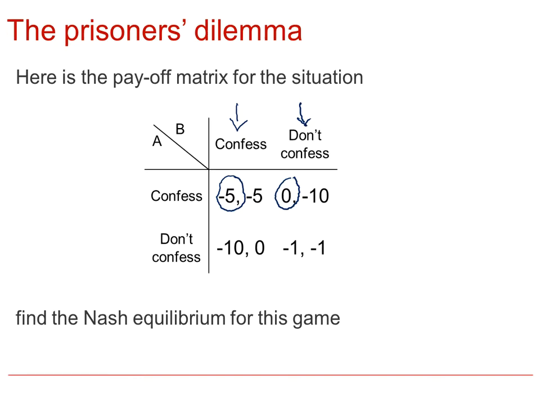Let's look at it from B's point of view. They would have the same decision. If they thought their partner was going to confess, they would also confess. And if they thought their partner was going to hold strong and deny everything, then they would choose to confess and send their partner down.